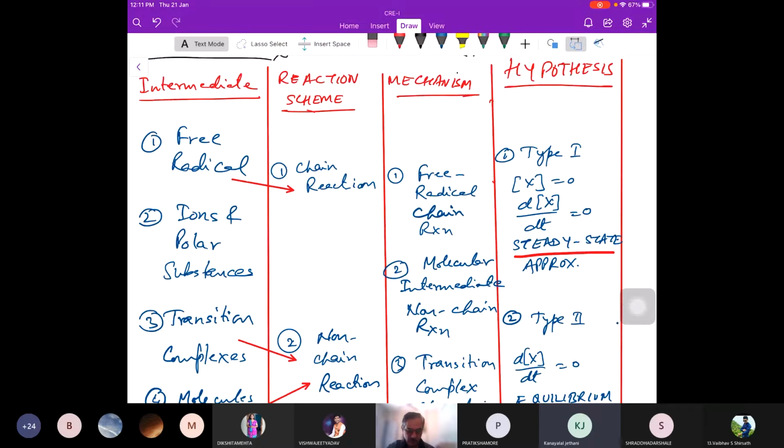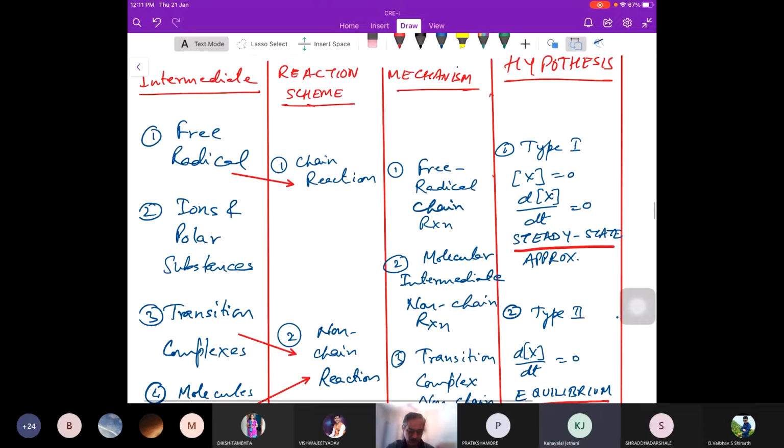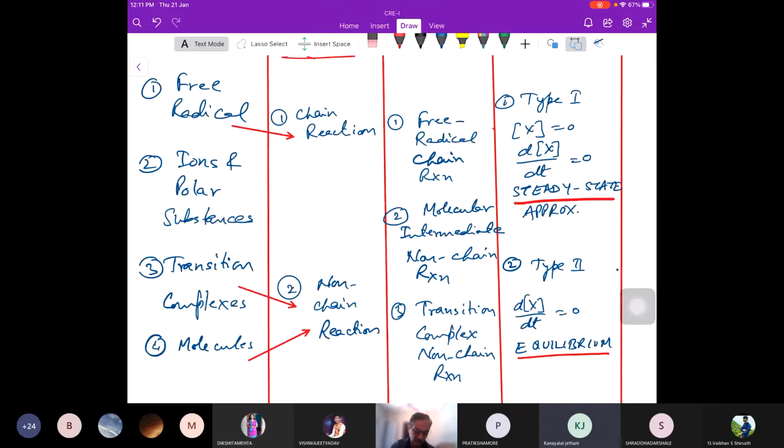Then we assume a mechanism, free radical chain. When you combine this, it becomes a free radical chain reaction, and here it is molecular intermediate non-chain reaction, transition complex non-chain reaction.